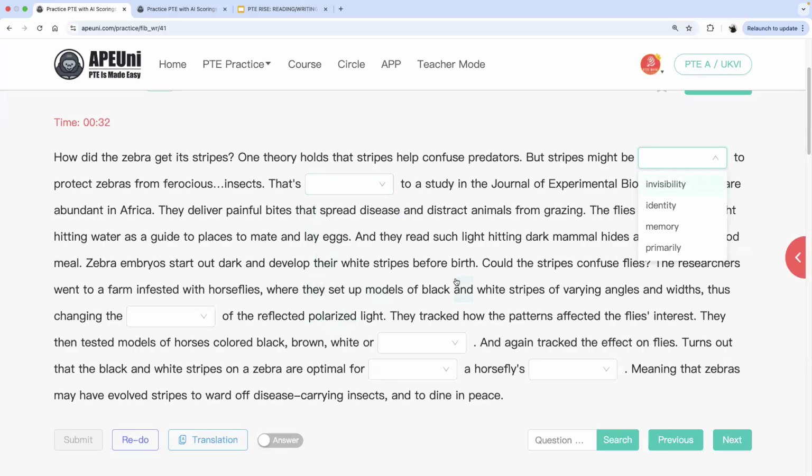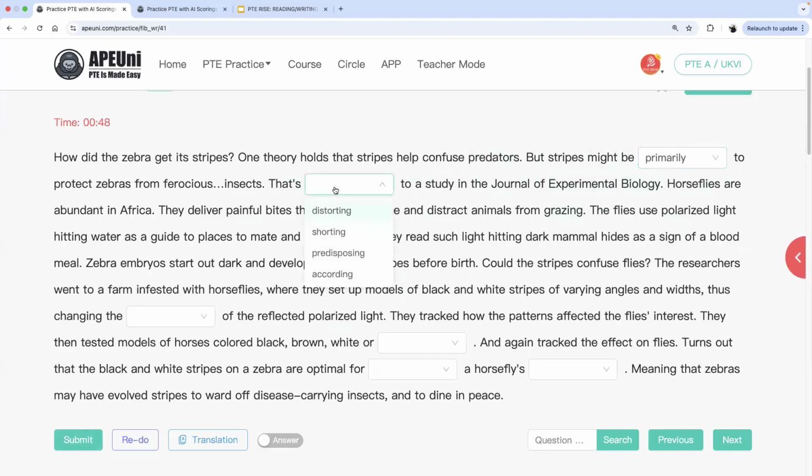Primarily. Main focus. Mainly because of that. So say might be primarily to protect them. That's dash to a study in the Journal of Experimental Biology. That's easy. According to.